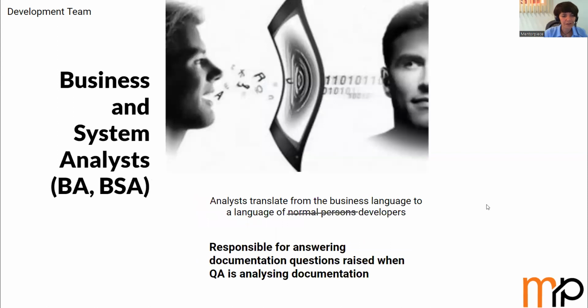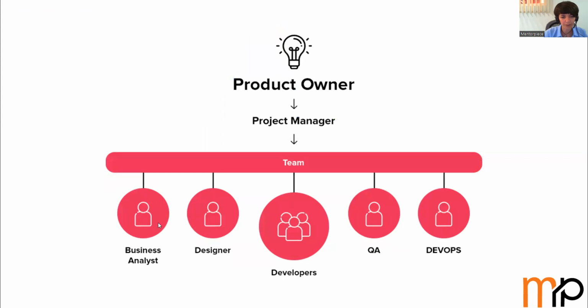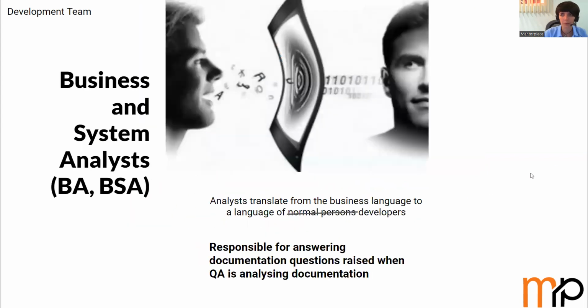Okay, business and system analysts. We have business analyst here, but actually we have 2 types of analysts, business and system. This is a very useful guy who is translating from business language to technical language, because business can come to your company and ask to do everything well, like create me a software with a button, and that's all.